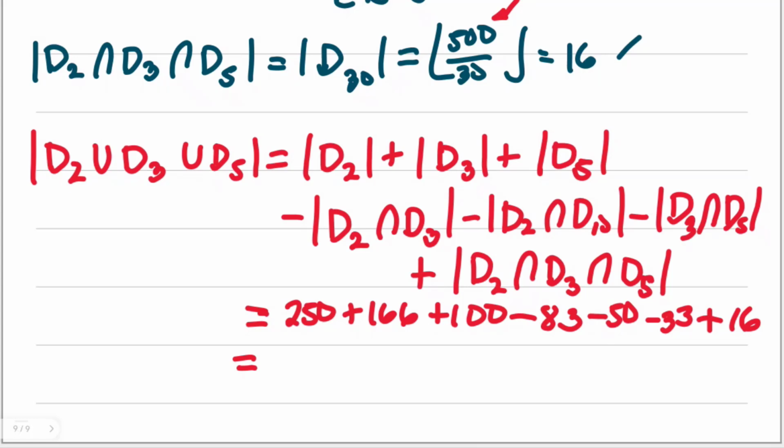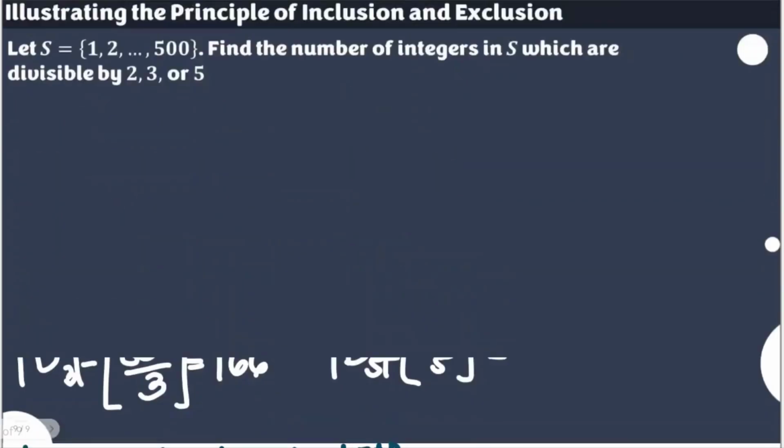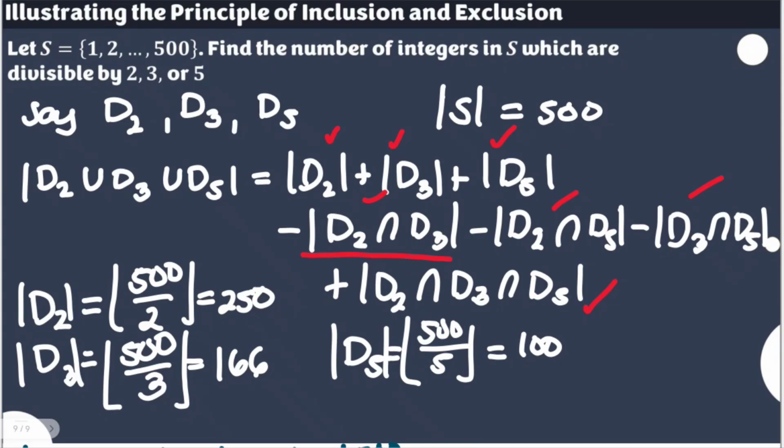This would tell us the number of integers less than 500 that are divisible by 2 or 3 or 5. You will have a result of 366 integers all in all. This is the answer to the question of how many integers are there.